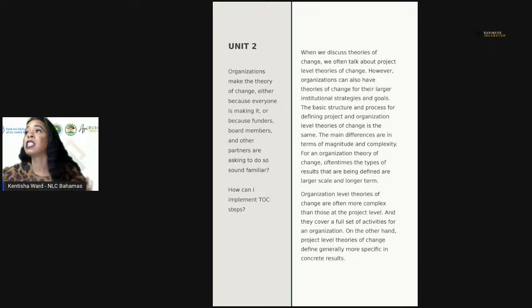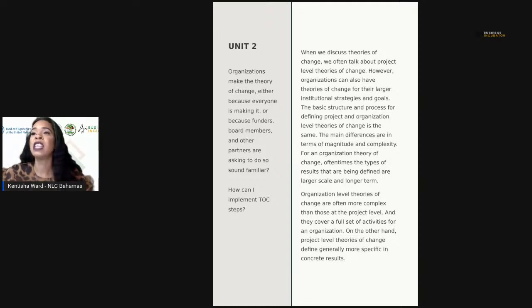Okay, so when we discuss theories of change, we often talk about business level theories of change. However, organizations can also have theories of change for their larger institutional strategies and goals. The basic structure and process for defining project and business level theories of change is the same. The main differences are in terms of magnitude and complexity.